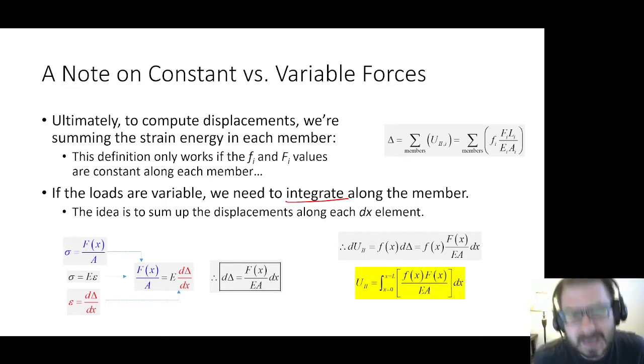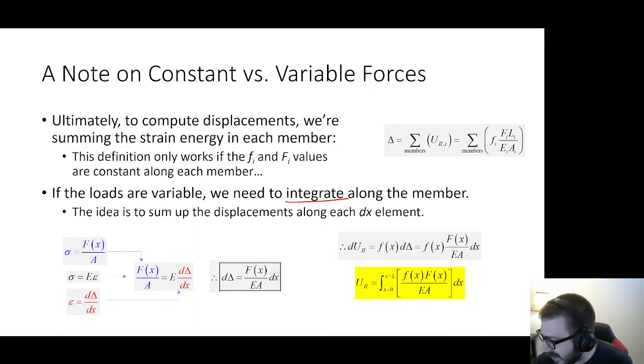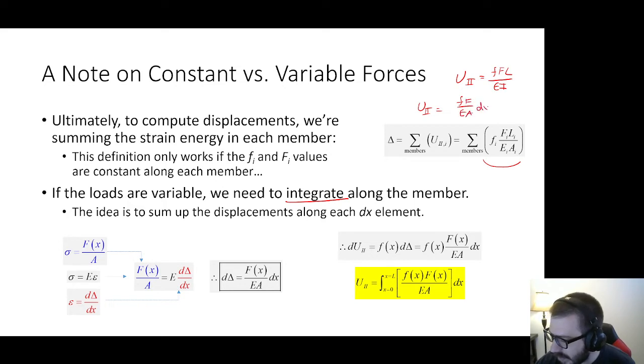And so what we're getting is, instead of u being a constant up here, u2 was little f, big F, L over EA. Now we have u2 being little f, big F over EA, but now we're integrating from 0 to L.